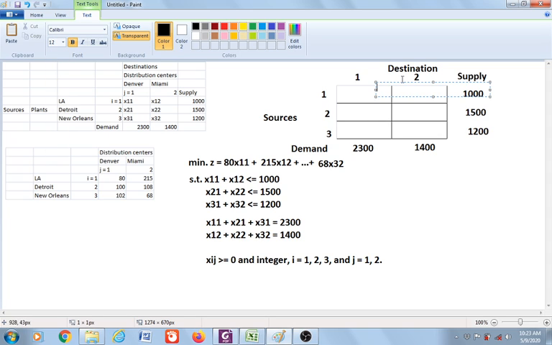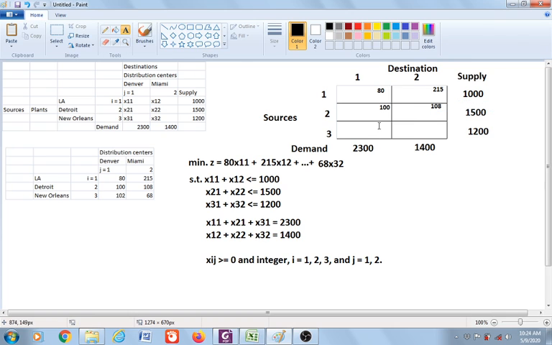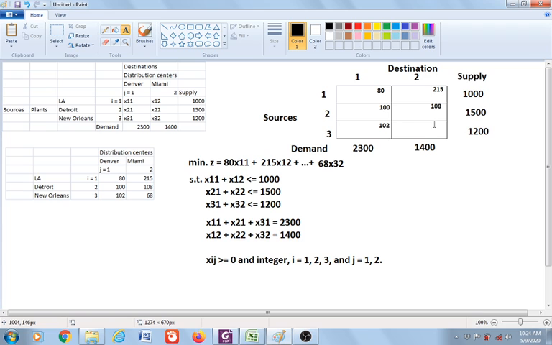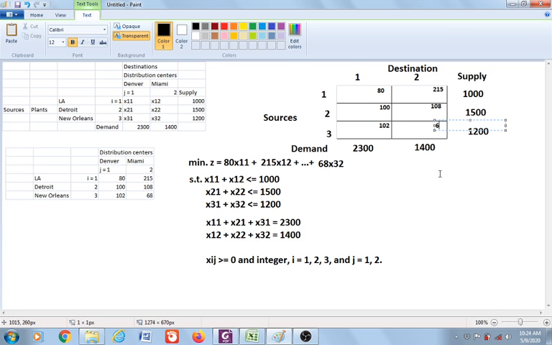So this is $80, that's the cost. And here the cost is 215. And the costs here we have 100, 108, 102, and 68.